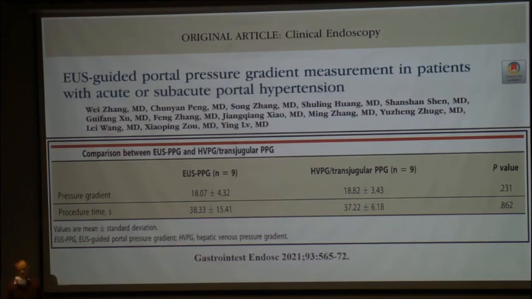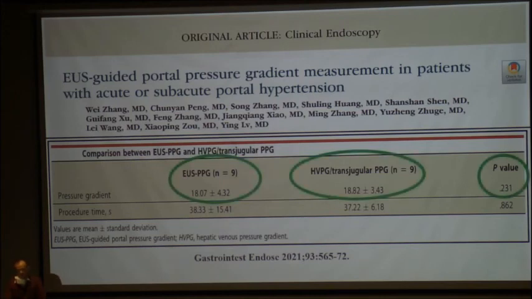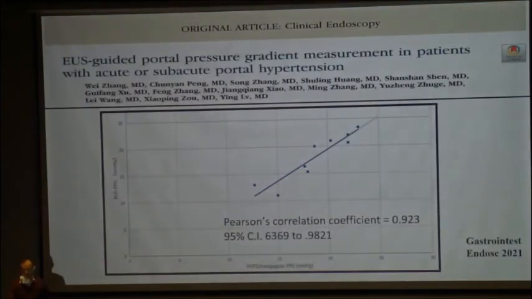So US guided portal pressure measurement has another advantage that in patients of pre-sinusoidal or post-sinusoidal hypertension, HVPG either cannot be done or it is unreliable. Here, US guided portal pressure measurement can be done. And in this study, the pressure measured was quite similar in both the methods, and it had a very strong correlation with each other.